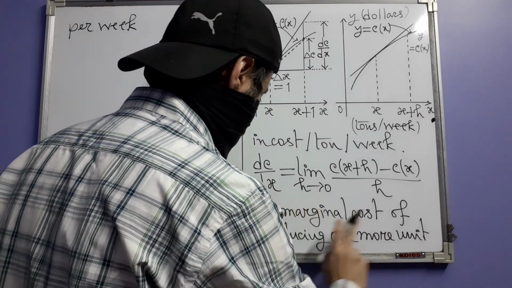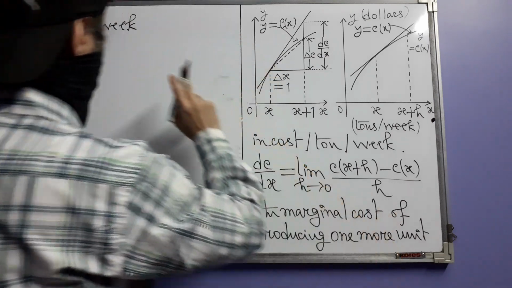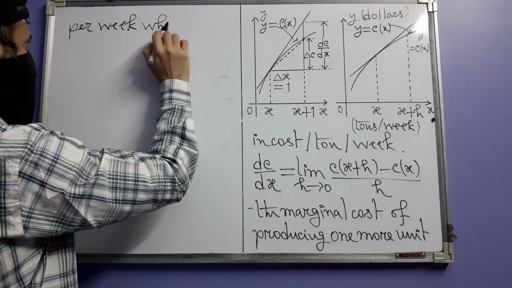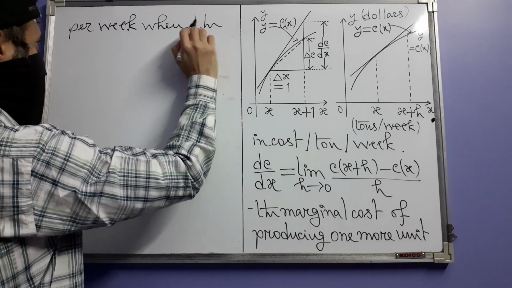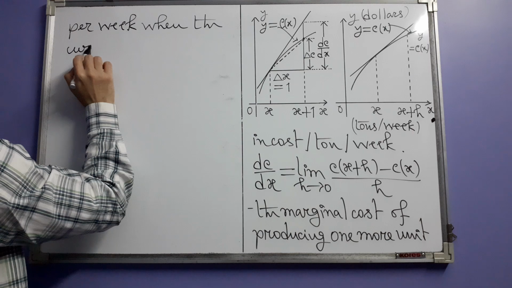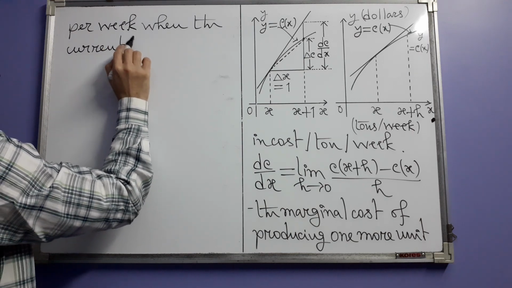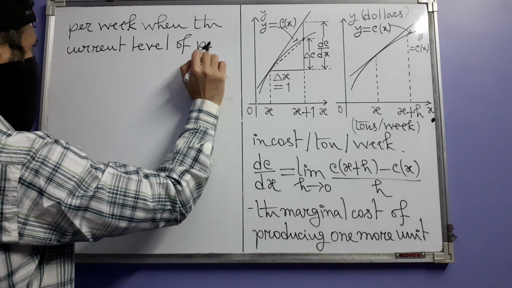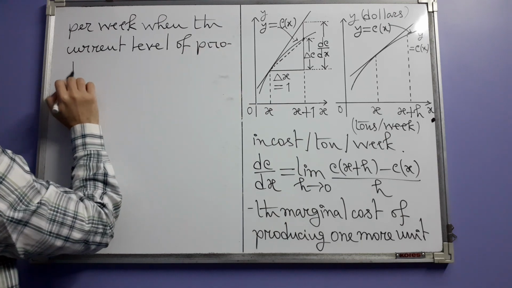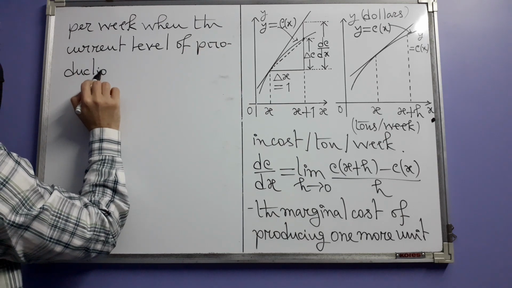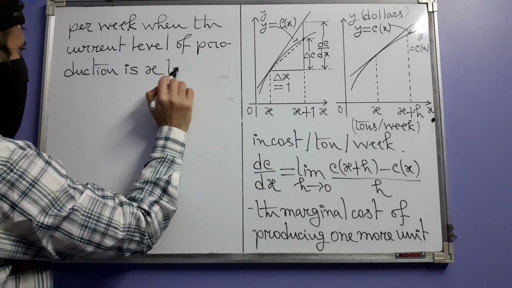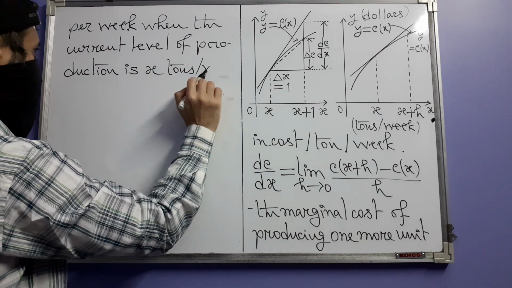This is the marginal cost of producing one more unit per week when the current level of production is X tons per week.